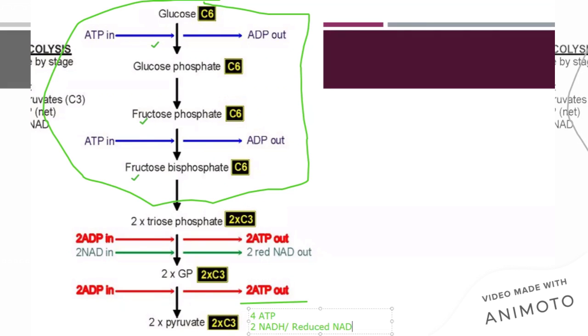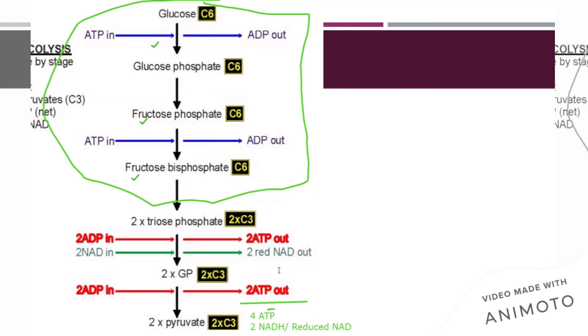All right. So the question at times they ask you for the net production. Having outlined the steps of glycolysis, you would have seen the investment phase where we put in 2 ATP, and in the payback phase, we would have earned 4 ATP and 2 reduced NAD.